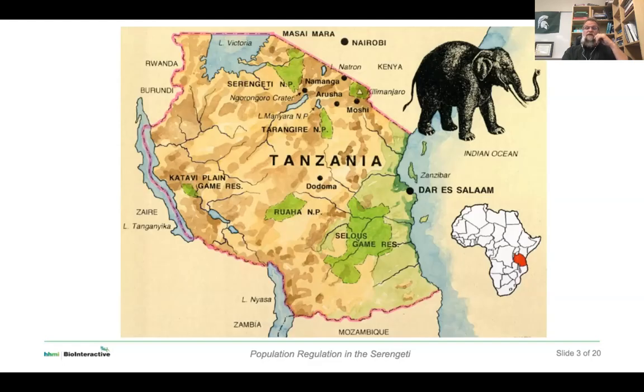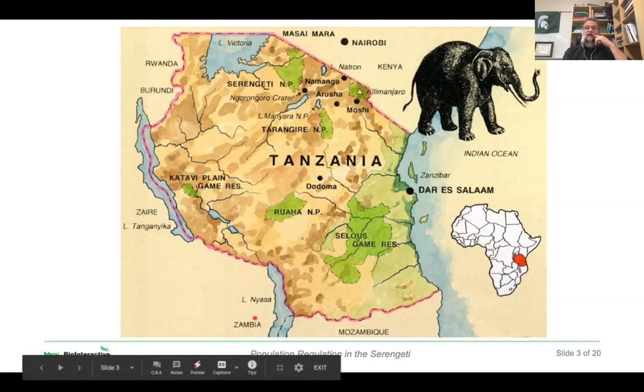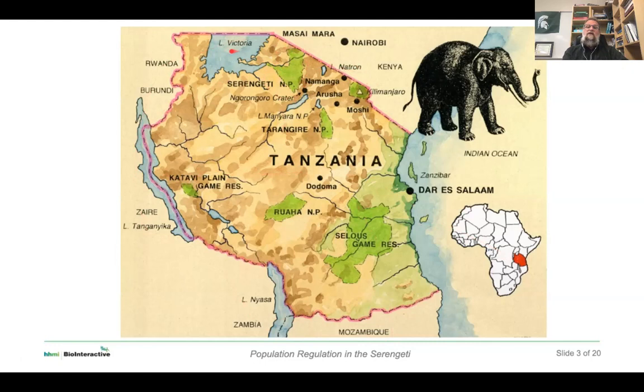If we blow up Tanzania, this is the country. Again you can see Kenya over here to the east, Rwanda, Zaire, Zambia, Mozambique. Up in the upper northeastern corner, right near Lake Victoria, this green patch here is Serengeti National Park.